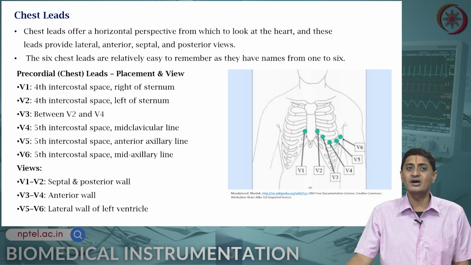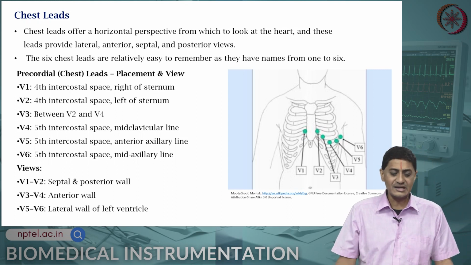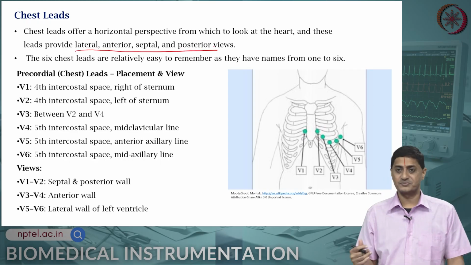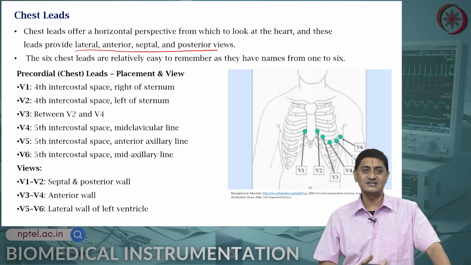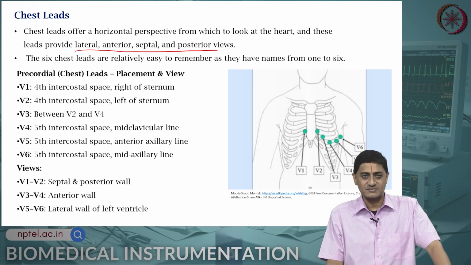This is going to provide a horizontal perspective of the heart, essentially lateral, anterior, septal and posterior views. So the six chest leads are placed such that they provide these views for us: lateral, anterior, septal and posterior views.